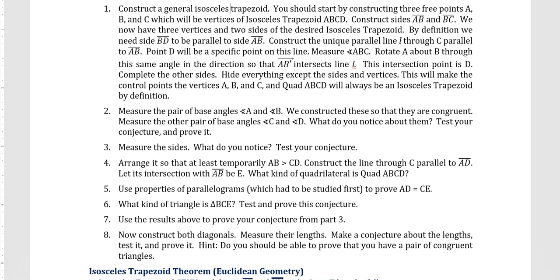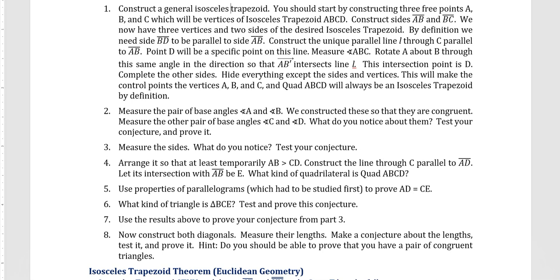So now arrange it so that, at least temporarily, AB is greater than CD. So side AB is the longest side. Now construct the line through C parallel to side AD. It's going to have an intersection with side AB.